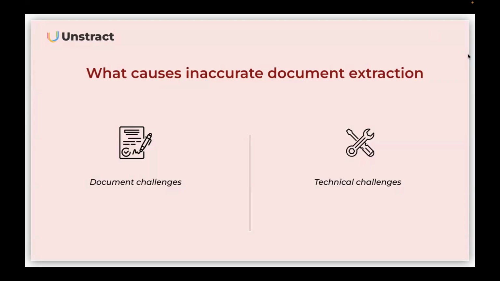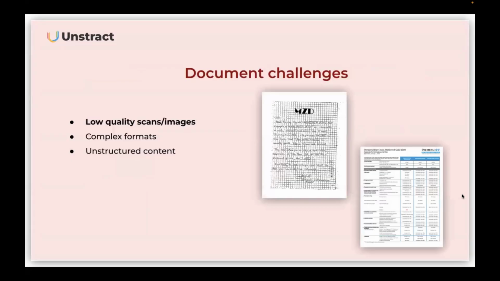And secondly, it could also be incompetence on the technological front, or in this case, the technical challenges could be the limitations that come with LLMs today. So we'll take a look at both these categories in the upcoming segments. So up first, we have document challenges. As you can see, we have three challenges that are outlined over here. Now, these are based on our research and conversations with users of Unstract and LLMWhisperer on their pain points.